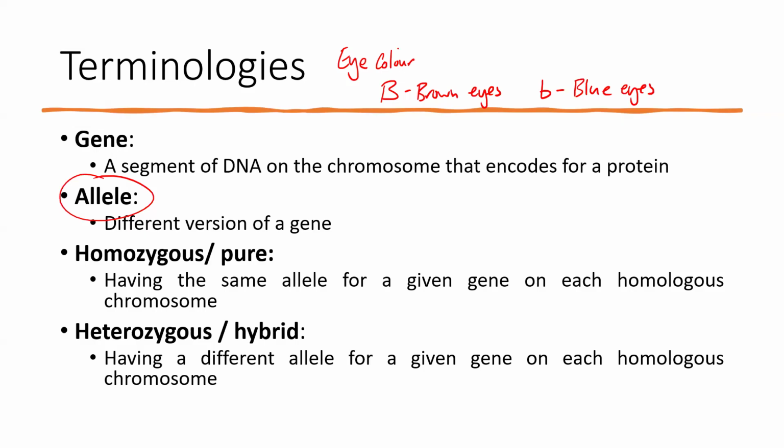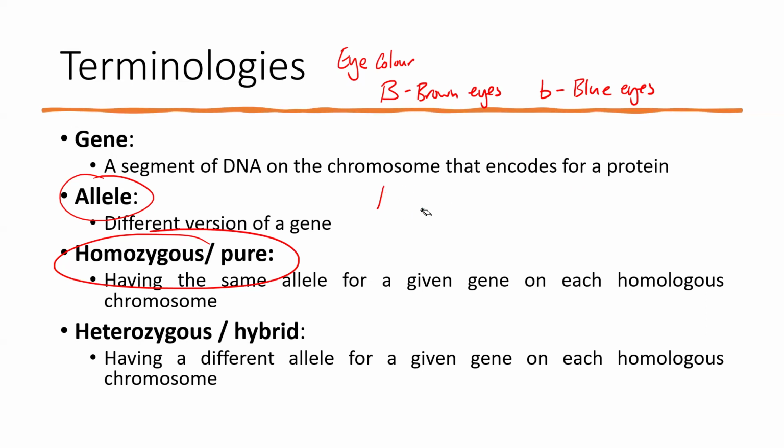So for example, if we look at the eye color alleles here, a person might be big B, big B. Both the parents have brown eyes, for example, and then they inherit a big B allele from each parent. And so their genetic makeup is big B, big B. Because the alleles are the same, we say they are homozygous or pure for this particular gene. Okay? Homozygous means the 2 alleles are the same.